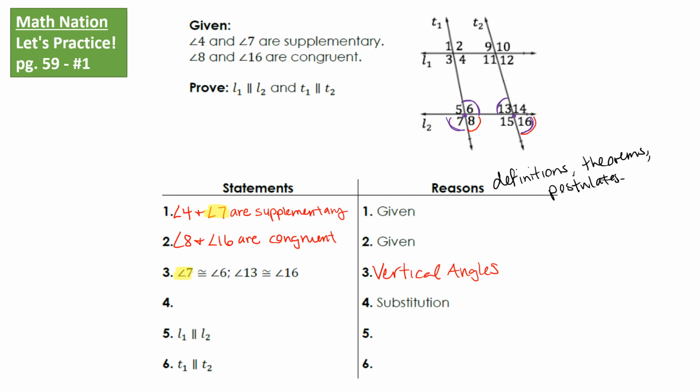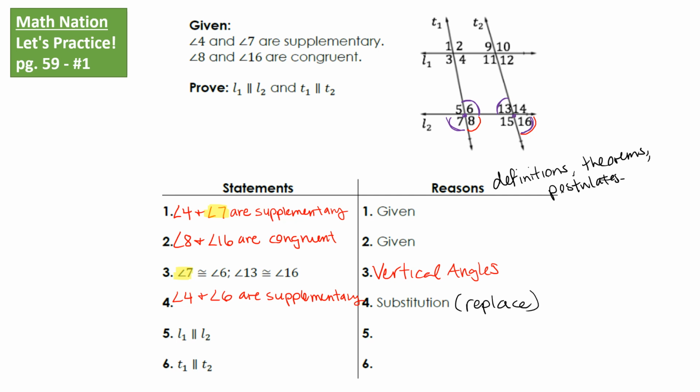So if they're the same angle, that means I can replace, and remember that word substitution just means to replace, the measure of angle 7 with angle 6 for the statement in number 1. So instead of saying angle 4 and angle 7 are supplementary, I can say angle 4 and angle 6 are supplementary because 7 and 6 are the same angle.